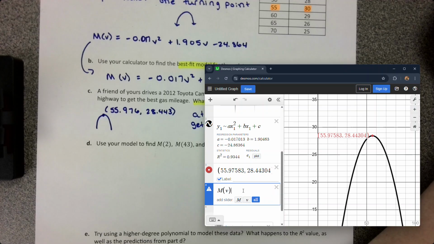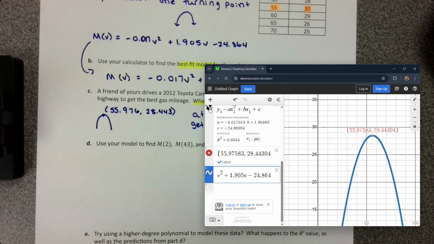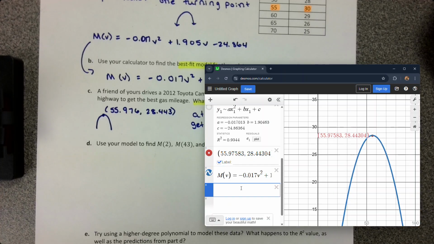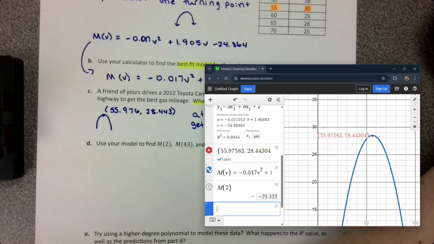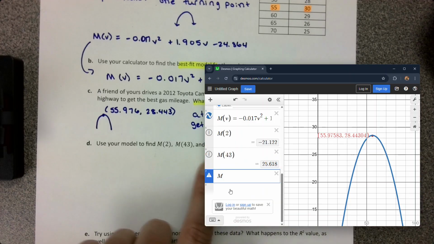So M of V is equal to negative 0.017 V squared plus 1.905 V minus 24.864. I just typed in the model so that I'd be able to use function notation, and this way I can evaluate M of 2, M of 43, and M of 75.